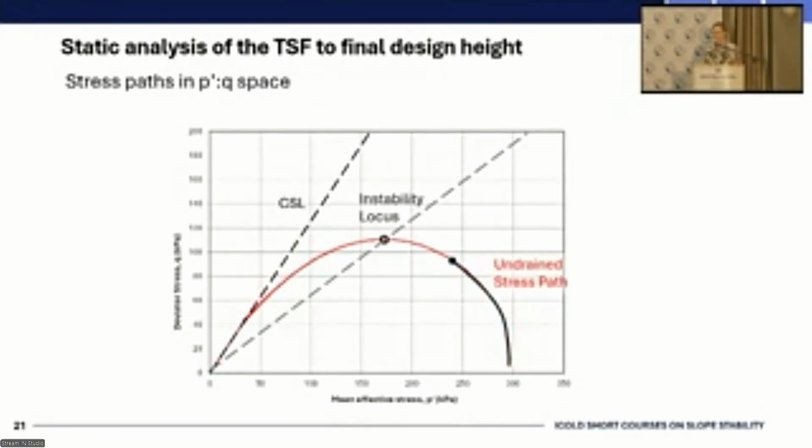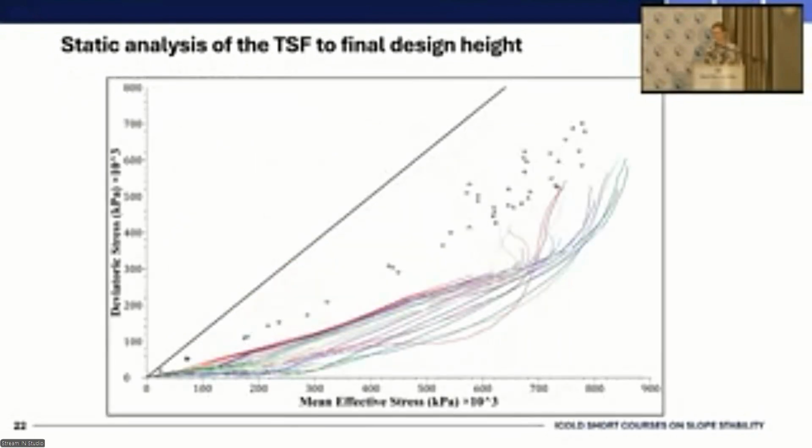So let's take an idealized stress path that comes to that black dot over there. If we look at its stress ratio in comparison to the stress ratio of the instability locus, we could come up with a way of quantifying the stability of that stress state.